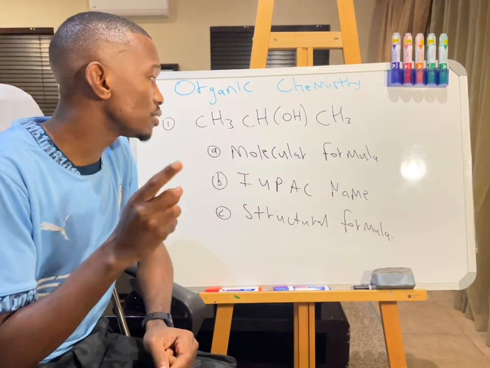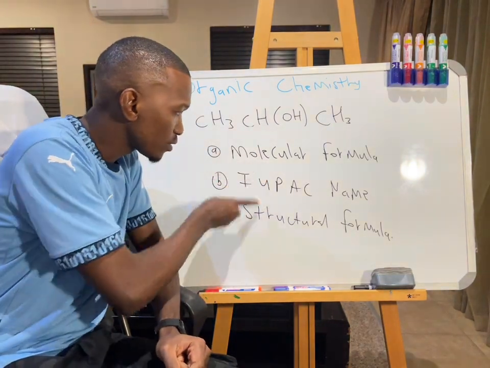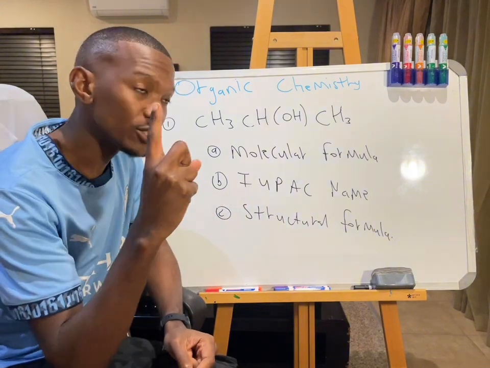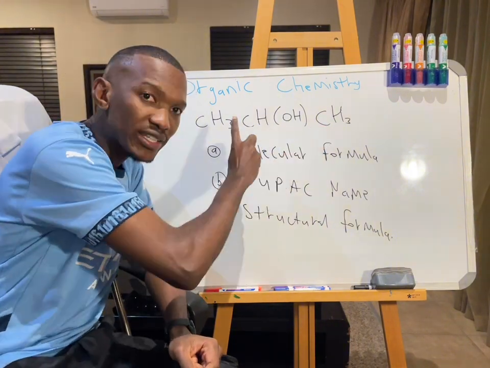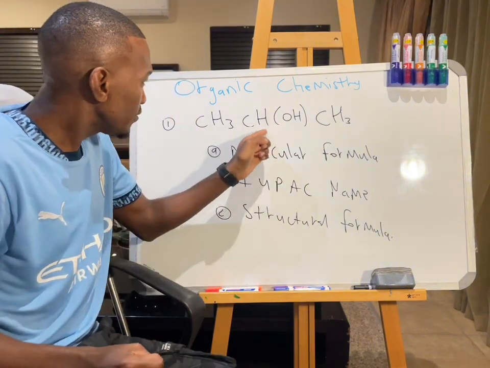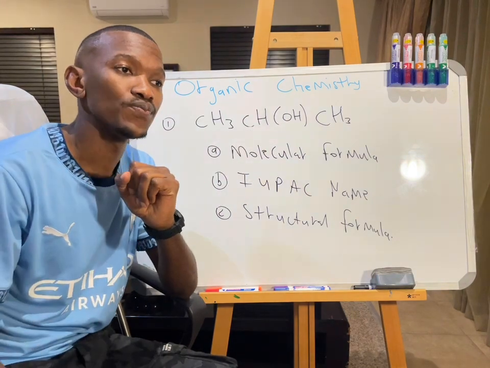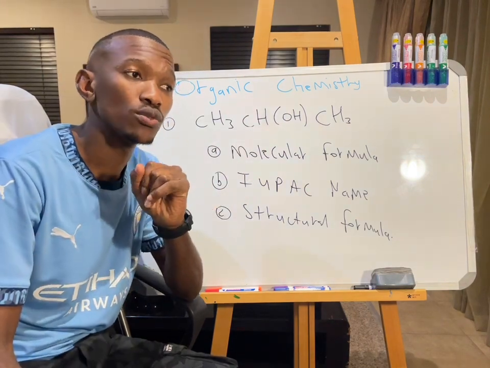Before you answer all these questions, number one, you need to know what it is that you are given. This is one thing you should know, whether you are in college or high school.